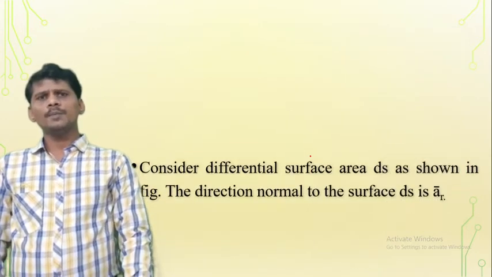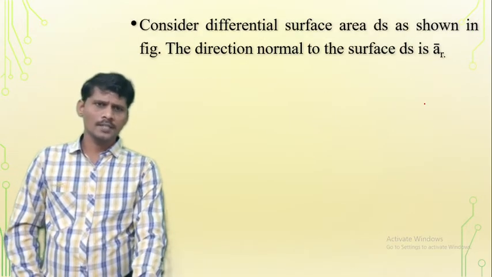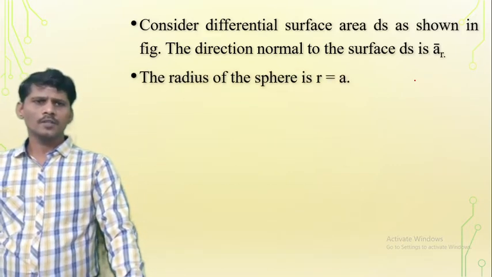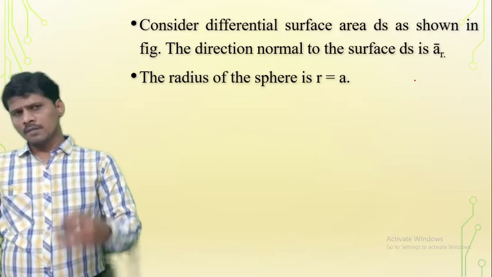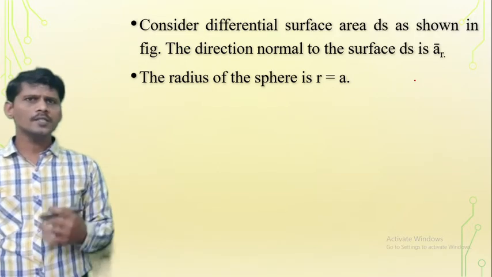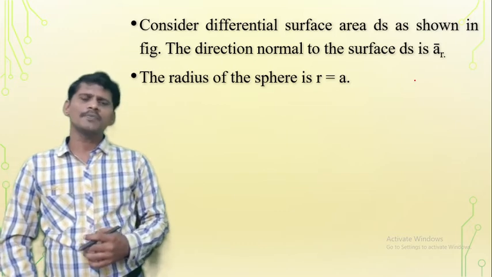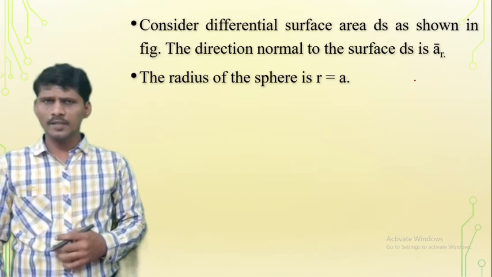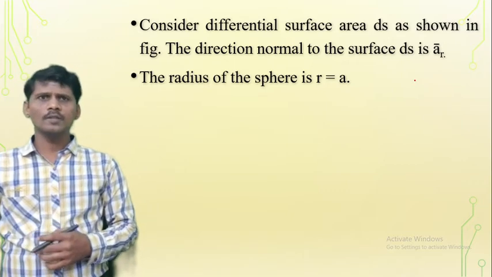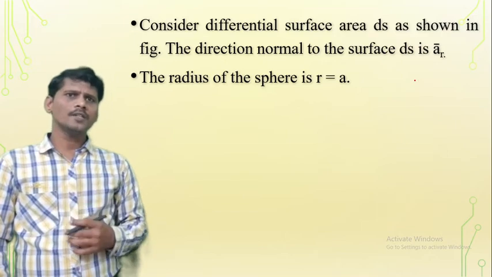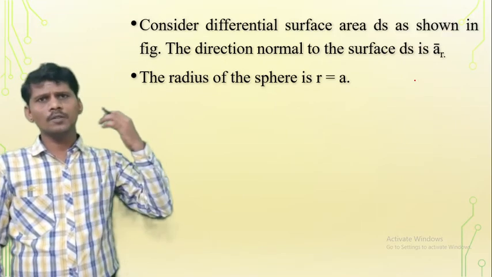At that point P, the differential surface is ds. The direction of the differential vector surface area is normal to the surface. Now we have to consider the spherical coordinate system. In the spherical coordinate system, the differential vector surface area is ds bar is equal to ds into a n bar, where a n bar is the unit vector in the direction normal to the surface.